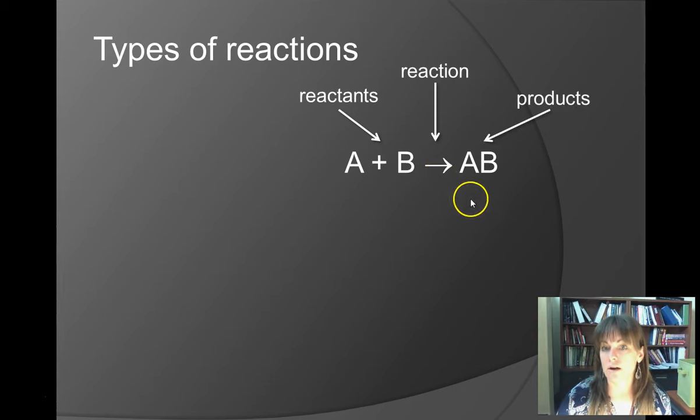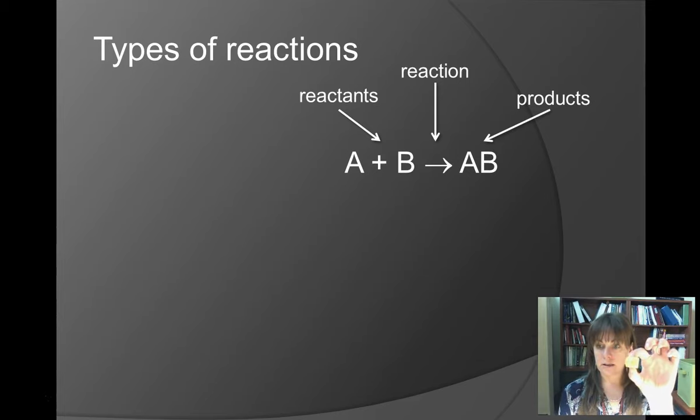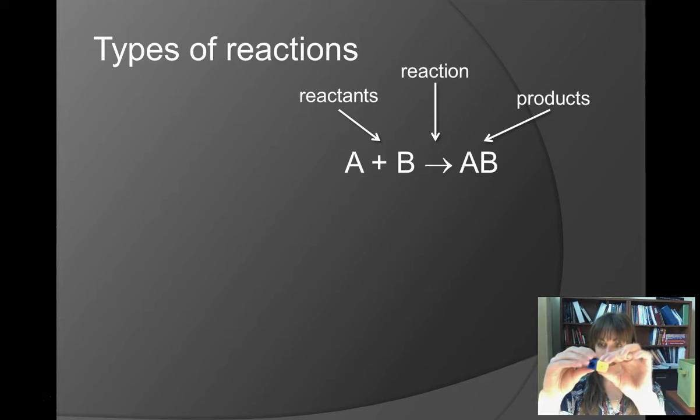And then over here, AB would be the product, what we end up with after the reaction. So for example, if you start with sugar and flour, you combine them together to get your product, which may be a cake. The way I think of it in this reaction is here's A, here's B, and all we've done is put them together, and this is AB.